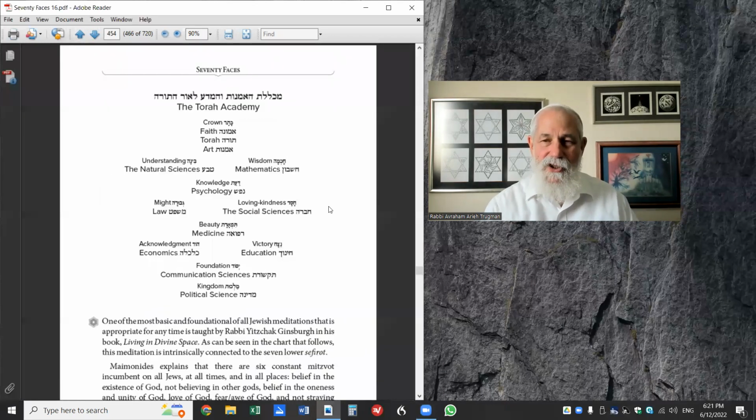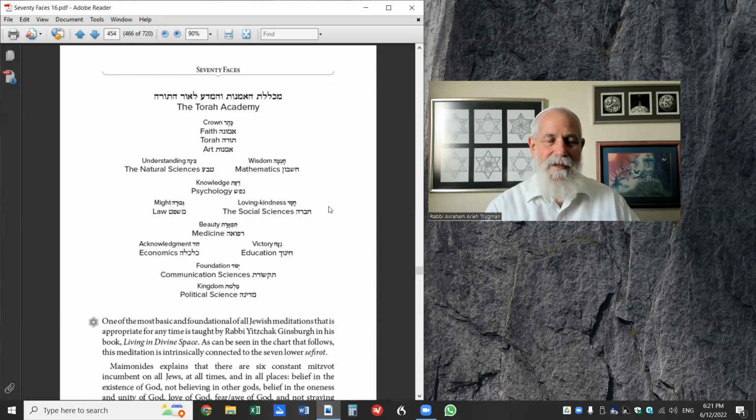Okay, the first chart that we want to look at, again, is from Rav Ginsburg. This is called the Torah Academy. This is a very, very important idea where Rav Ginsburg has taken all of what we'll call secular knowledge, science, knowledge, and the arts, and arranged them according to the Sefirot.